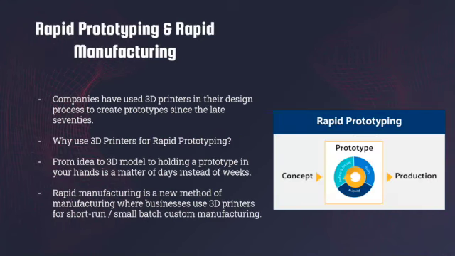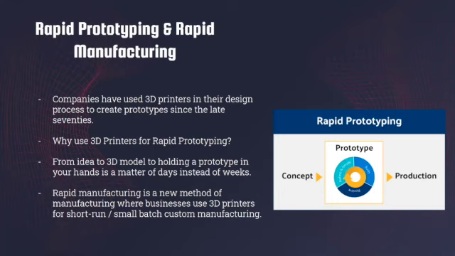Rapid prototyping and rapid manufacturing. Companies have used 3D printers in their design process to create prototypes since the late 1970s. Using 3D printers for these purposes is called rapid prototyping. Rapid prototyping is the making of a physical part, model, or assembly using 3D computer-aided design.